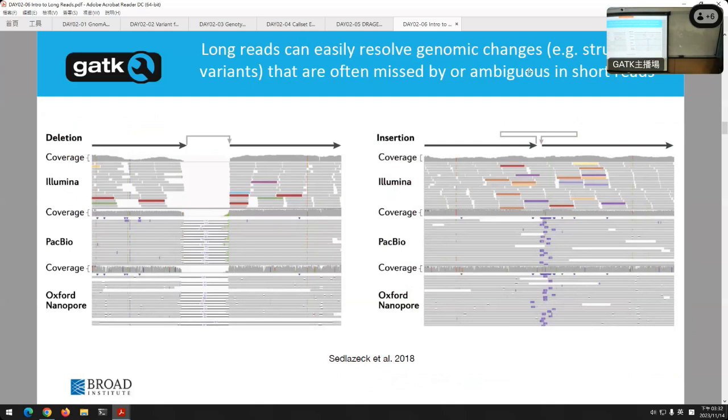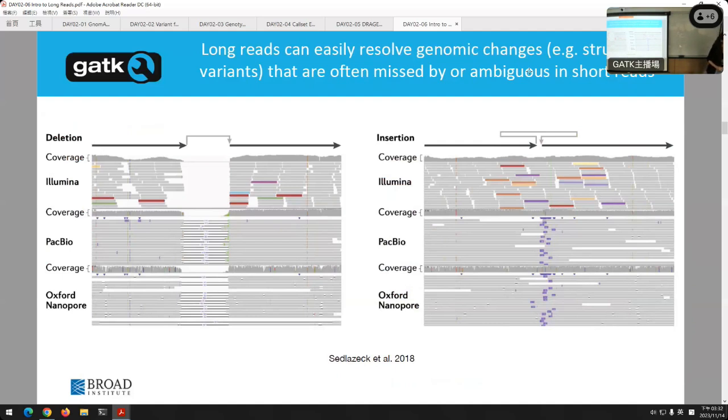I said earlier that we can more comprehensively and easily detect structural variants with long reads compared to short reads. So let's take a look at why that is. On the left, we have an example of a deletion.